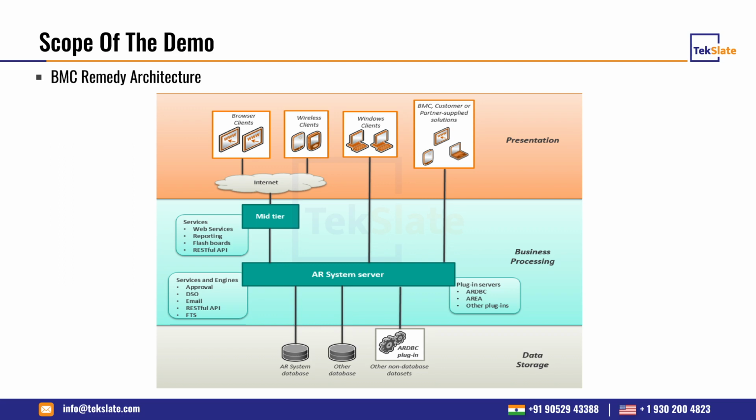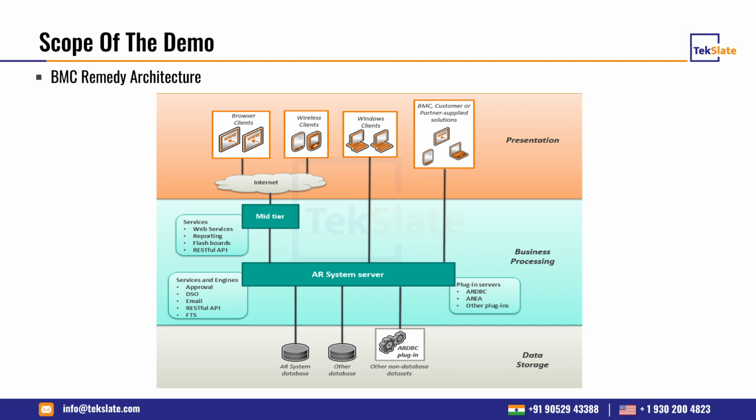It is also a layer which interacts with both the presentation and the data storage. The main task of business processing is that it takes the input from the presentation, processes it, and if anything needs to be sent to the data layer, it sends it to the data tier. If the data tier gives back any output, it takes it back to business processing, converts it again, and sends it back to the presentation.